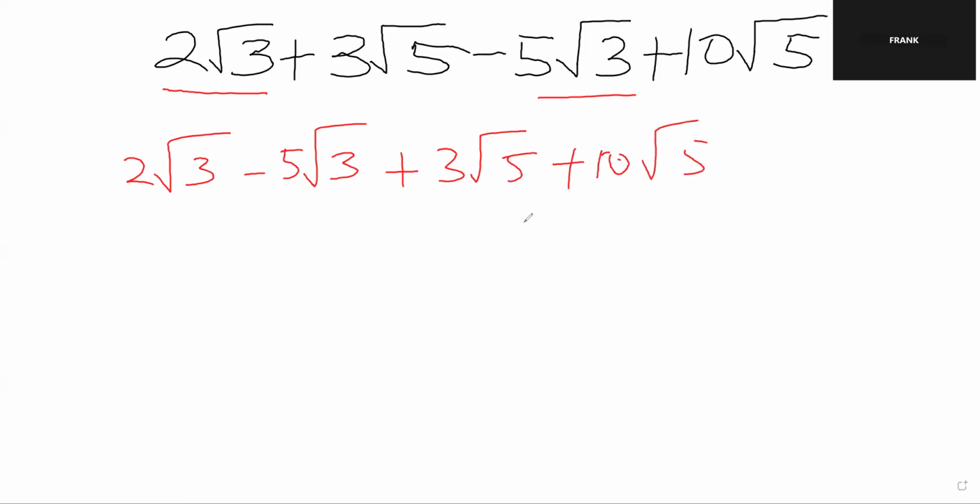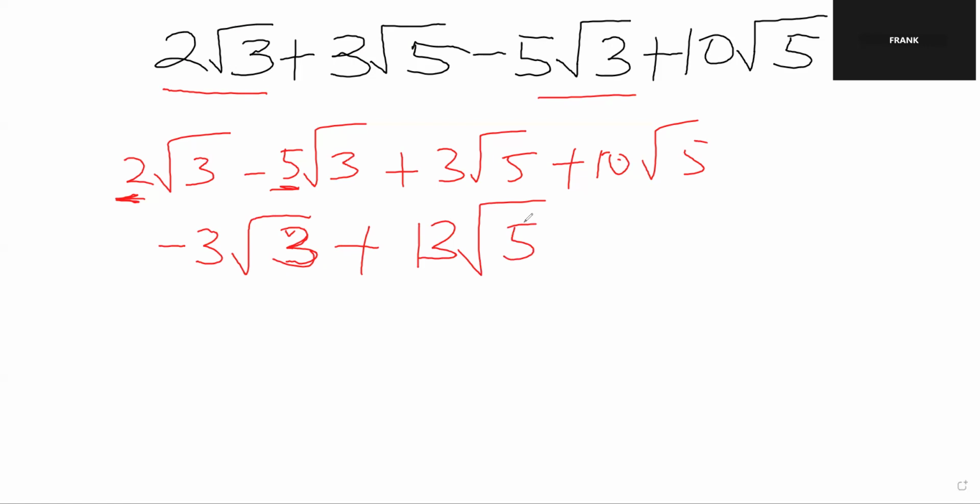The first two are like sets, so what do you do? You subtract the numbers multiplying root 3. So 2 minus 5 should give you negative 3, and then root 3. Now we are adding these two. They are like sets, so we add the numbers multiplying root 5. 3 plus 10 is 13 root 5.